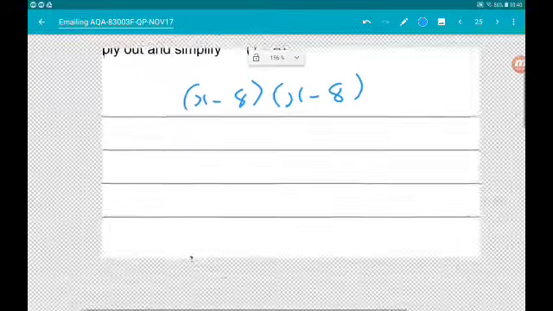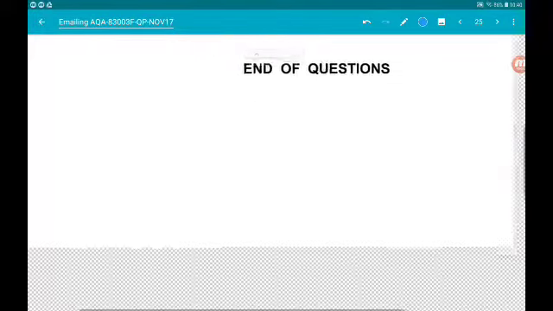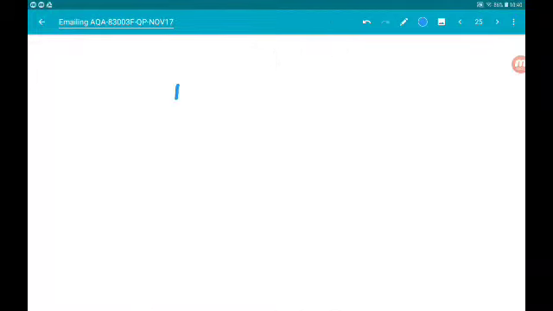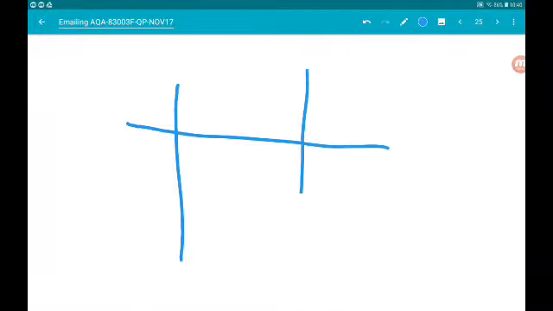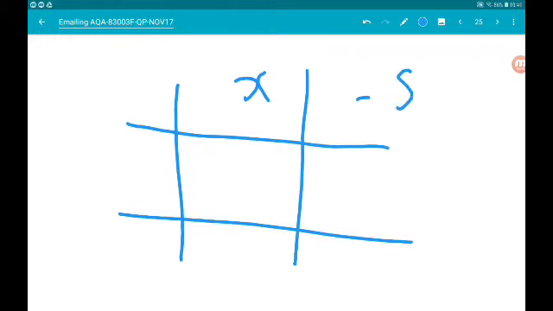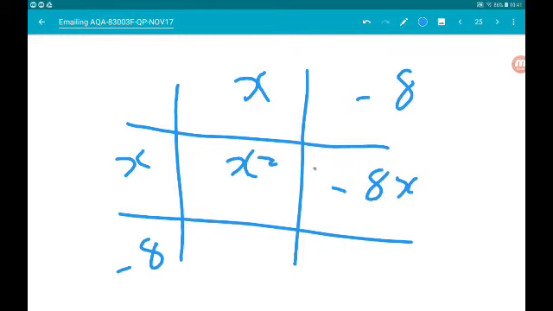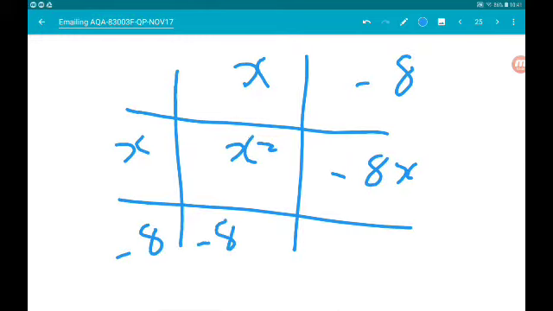Now the method that I would recommend you guys using for this is a table. So we got x minus 8, x minus 8. So x times x is x squared, x times minus 8 is minus 8x. Same down here.